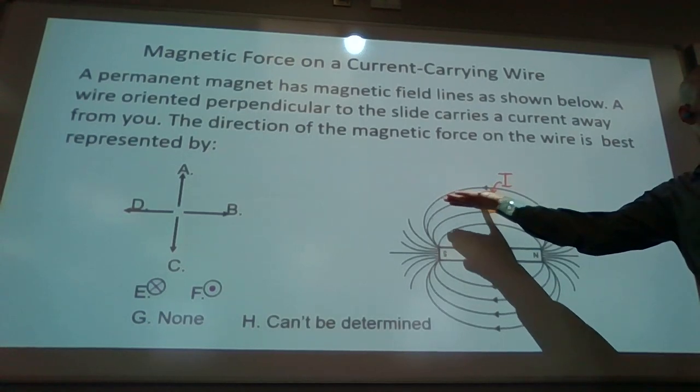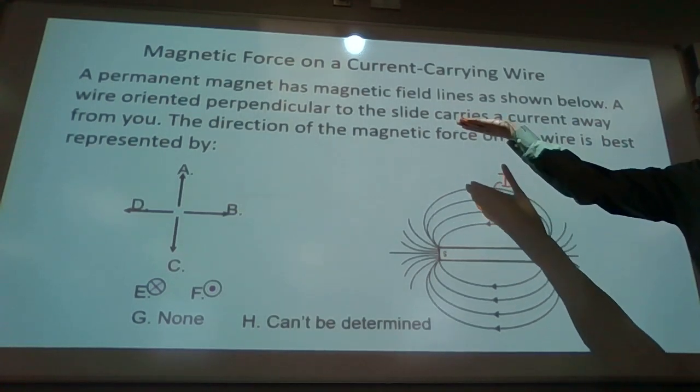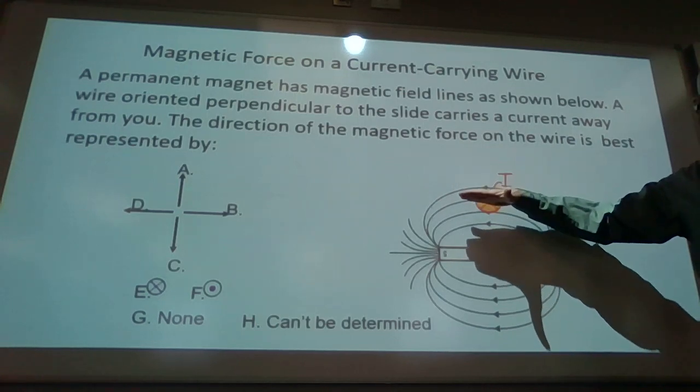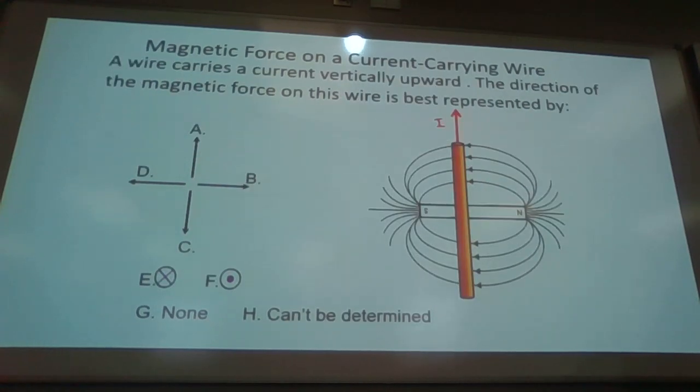Current's going into the board. You're forced up. If you're a realist, electrons are going in the opposite direction of current, negatively charged, up. Next question. Show your neighbor.